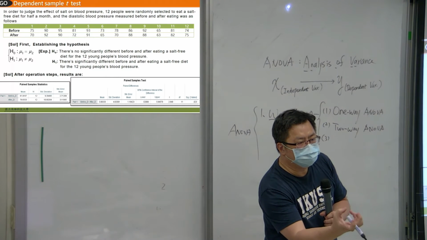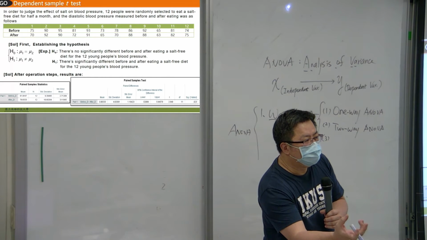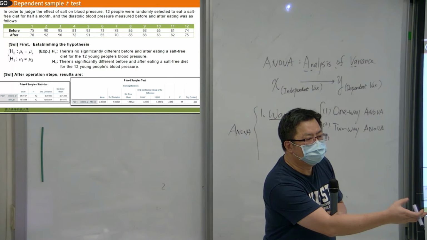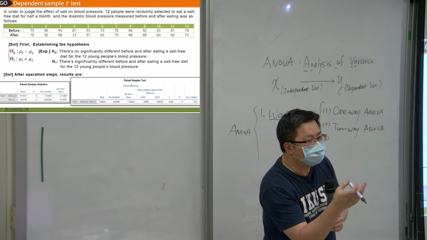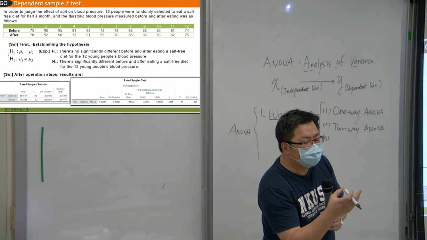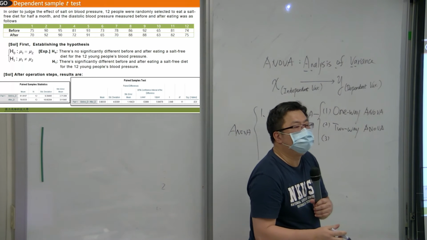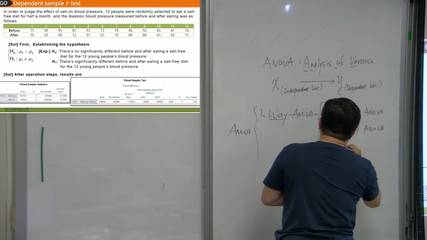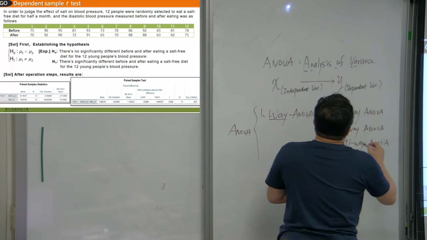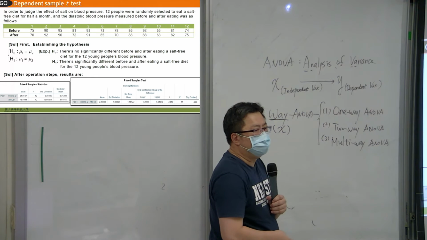So the material maybe will be another factor that will affect your score, right? So if you want to investigate how many factors will affect your dependent variable, up to 3, we call that multi-way. So way ANOVA is focused on the factors.